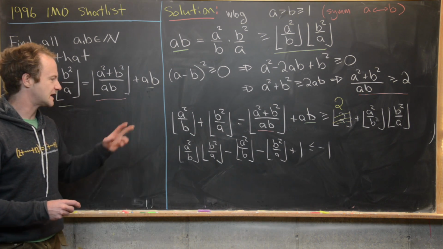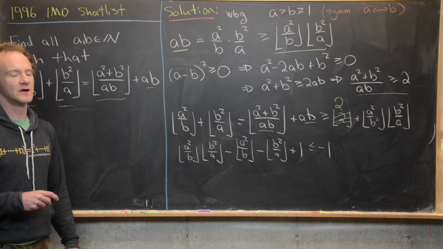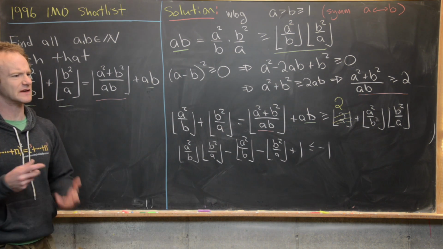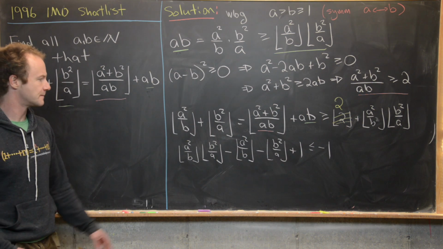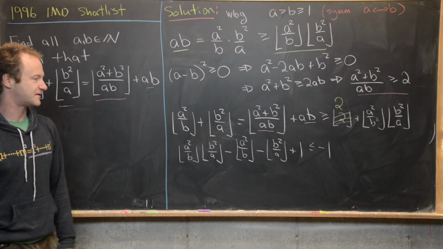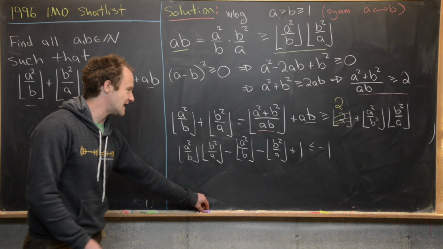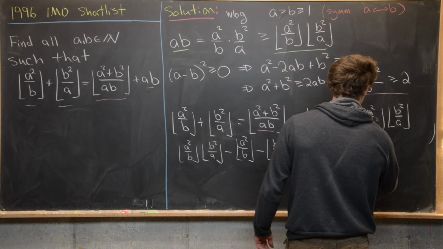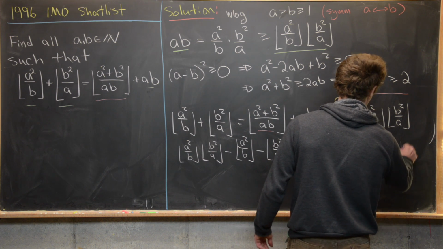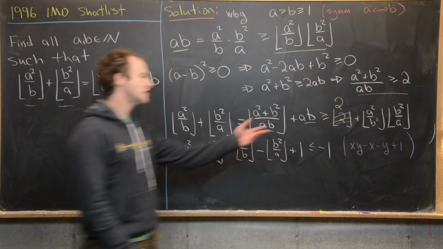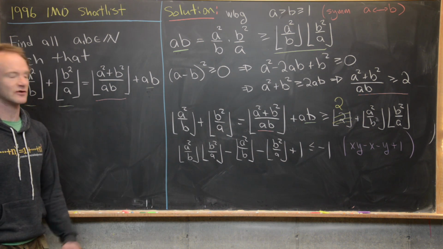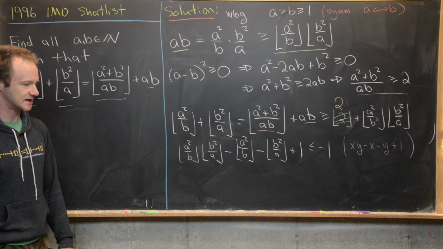And this is helpful because we know that a and b are both natural numbers, but now we've got that this is less than or equal to -1, so that actually gives us a lot of power here. Also, this thing on the left is factorable. So I want to notice that this thing on the left is of the form xy minus x minus y plus 1. So if you look at it like that, you can see that it's factorable. And I think this is like a fairly standard factorization trick that happens in these contest problems.